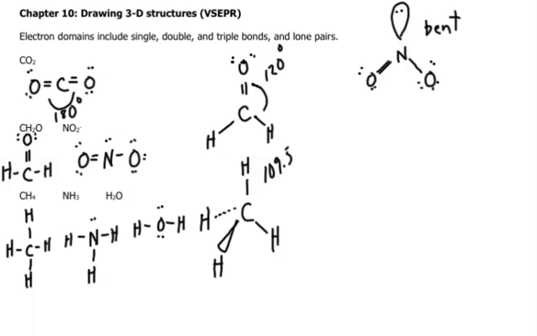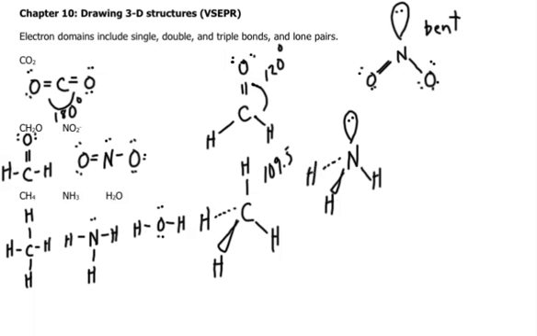If we draw the same thing now, again with NH3, notice that it has 4 electron domains, 3 single bonds, and 1 lone pair. So that one is going to look like this. It's going to have a lone pair. We'll put that on top. Then it's going to have the same kind of arrangement that we just saw.